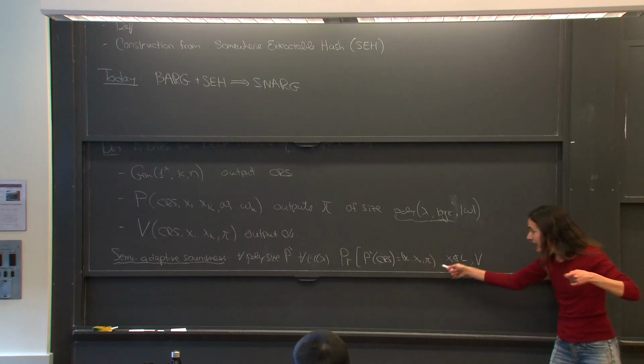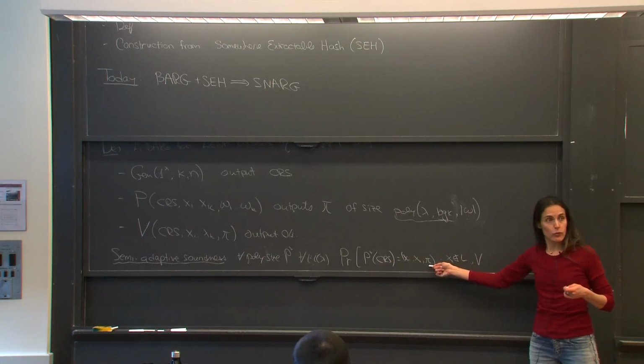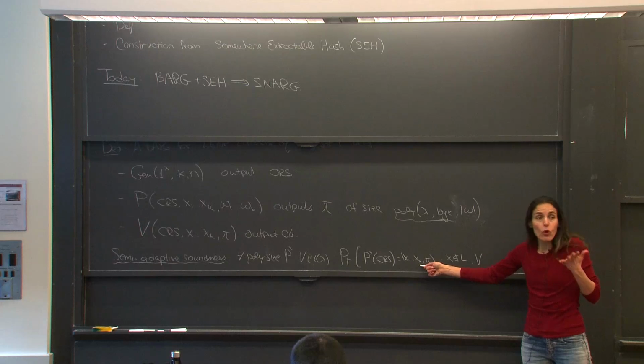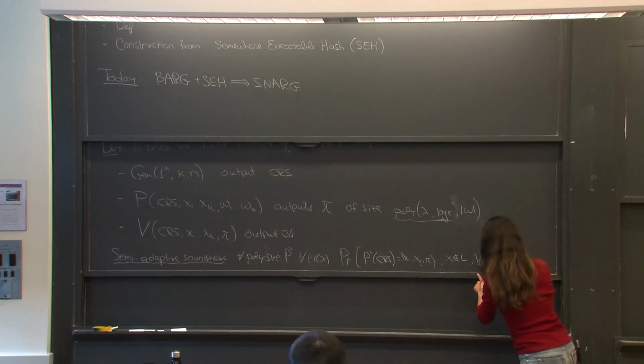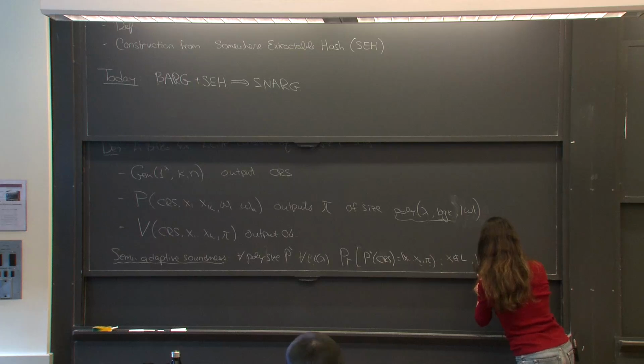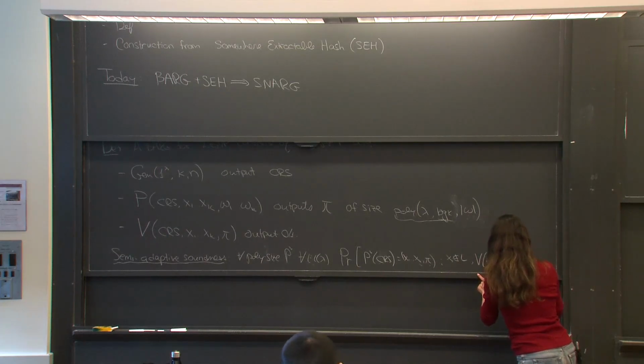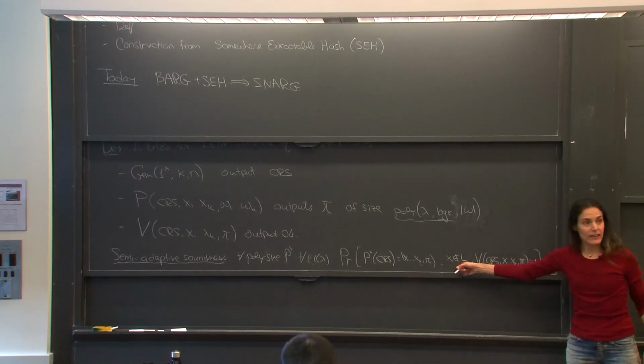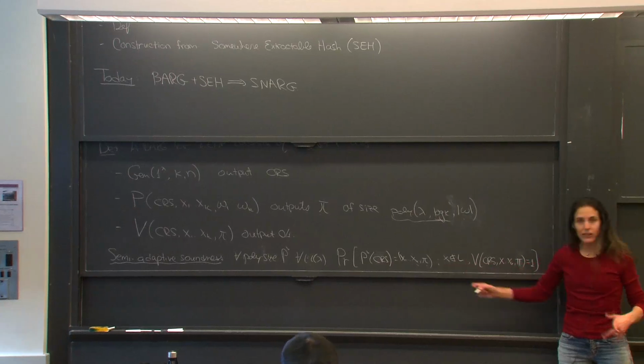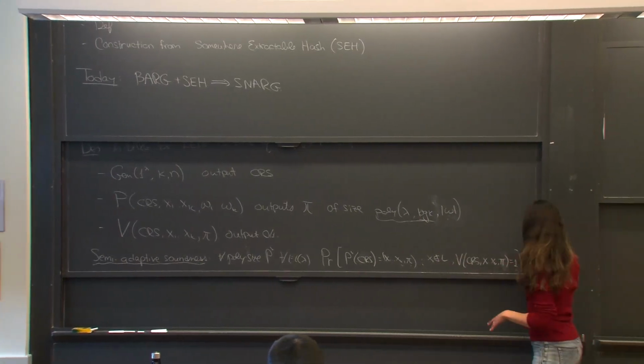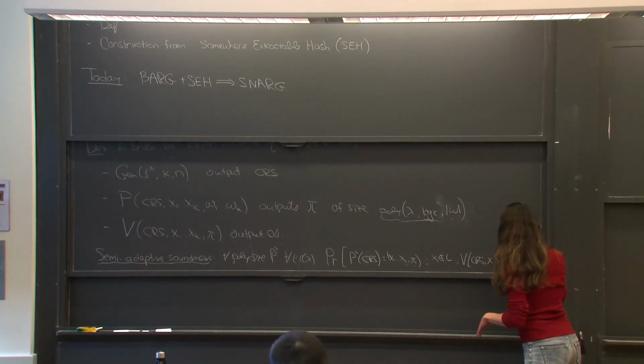The probability that he gives you an accepting proof for x1 to xk that he chose adaptively after seeing the CRS, the probability that it's accepting, so the verifier on CRS, x1 up to xk and pi outputs 1, and xi is not in the language, is negligible.